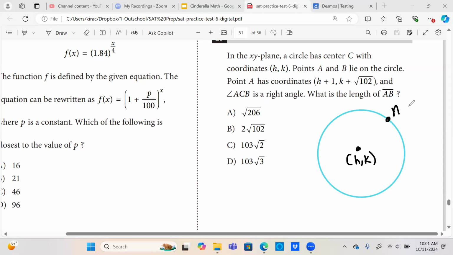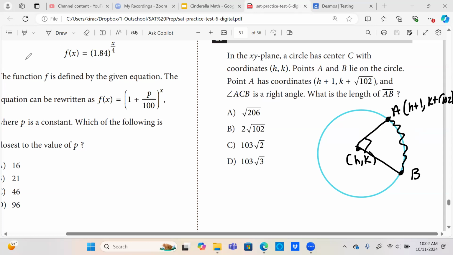So A, which has coordinates of H plus 1, and K plus root 102. And then we also have some point on the circle B, and then it says ACB, so C is the center. A to C to B is a right angle. What is the length of AB, this arc?